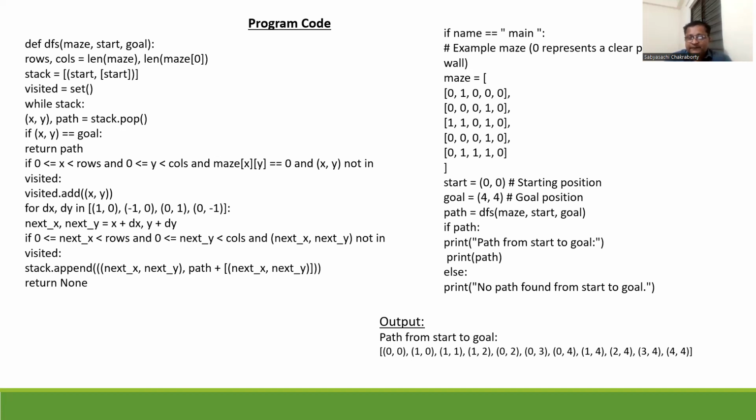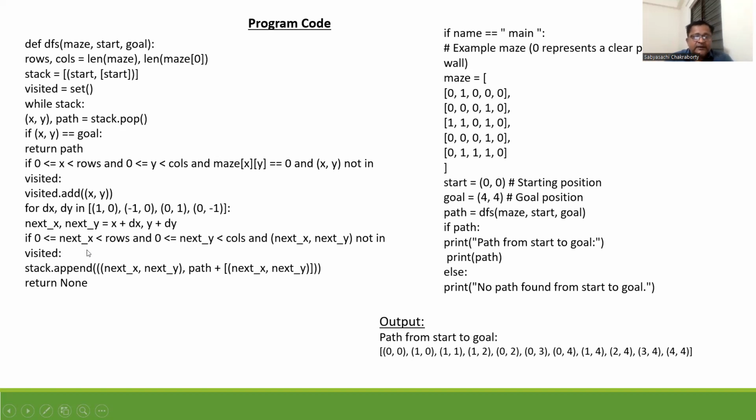Dy negative means going backward to the previous column, dy 0 means staying in the same column, and dy positive means going to the next column. So we get the next value of x and y: the next element is the current x plus dx and the current y plus dy.